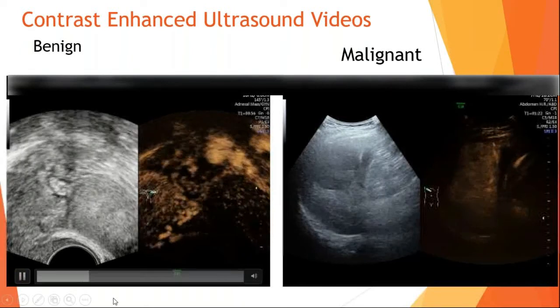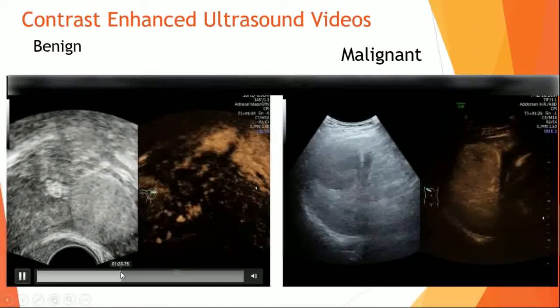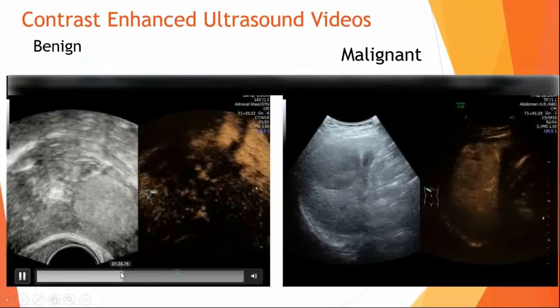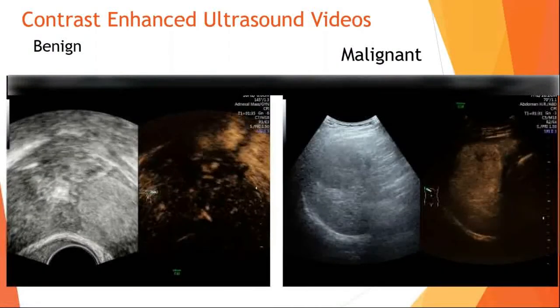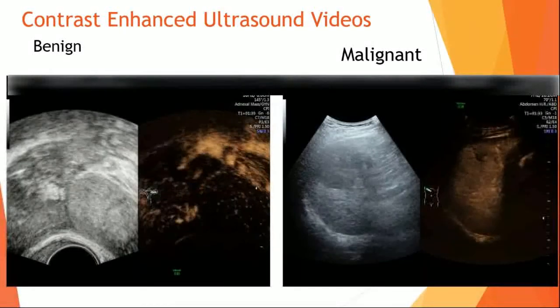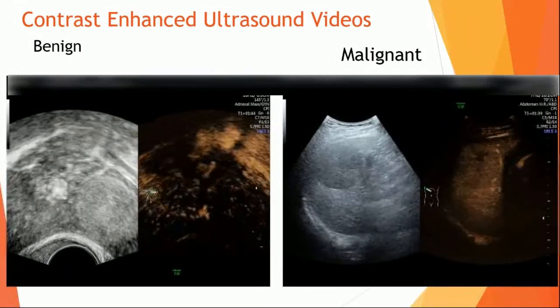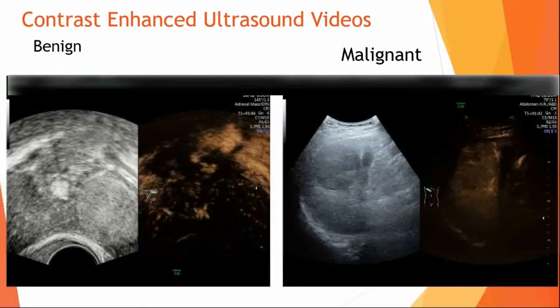Whereas in this one, it's already 55 seconds, and you can see this is still going on and on. It takes a longer time for the benign ones to show their characteristics, whereas for the malignant ones, the rise time is very fast, and the fall time is also very fast.